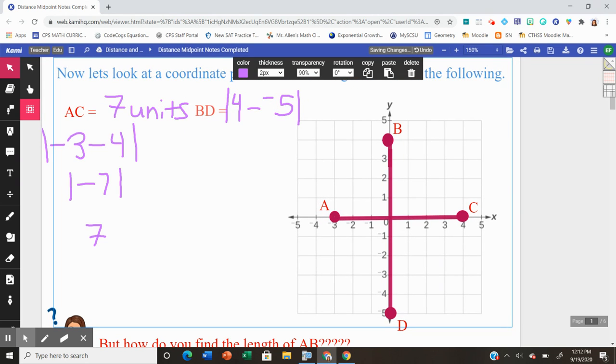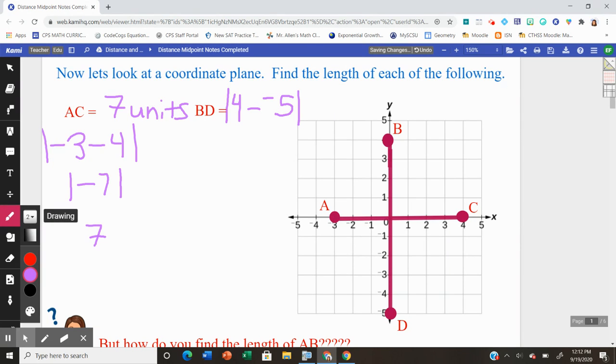If we find the difference in the distances there, we're going to have two negatives, so that's going to make a positive. So we end up really with 4 plus 5, which is going to be 9. Absolute value of 9 is still 9. So our answer here is just going to be 9. So we could say BD has a length of 9 units.